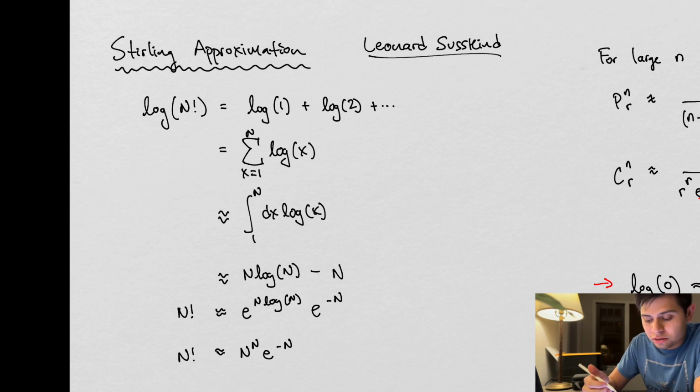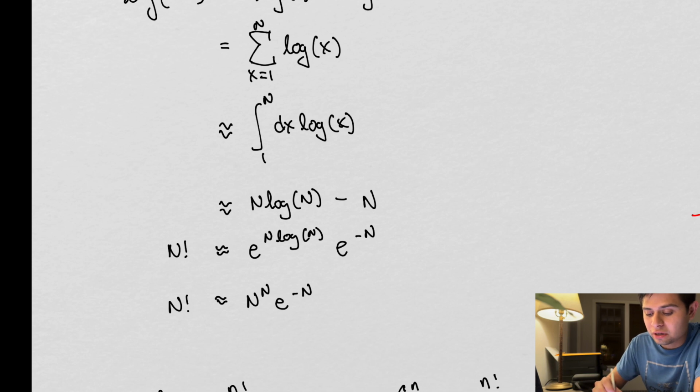And then the approximation comes in with the integral, because we have this factor dx here, which is the spatial distance between points.